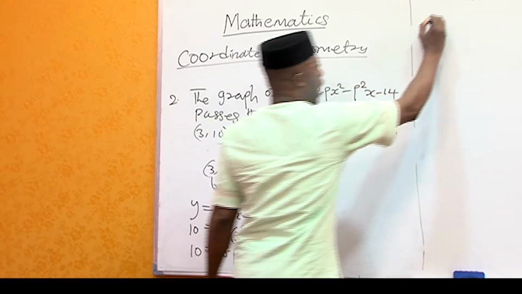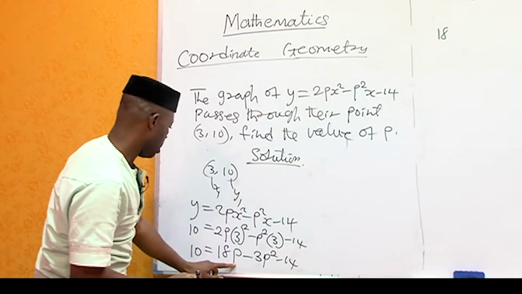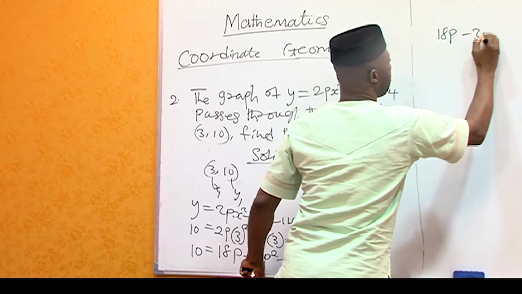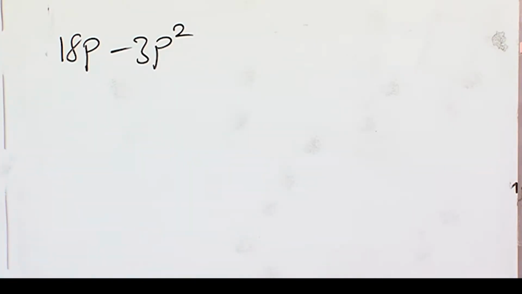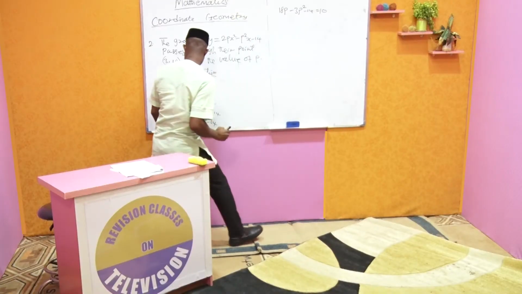So the same thing as 18p minus 3p squared minus 14 equals 10. They are the same.